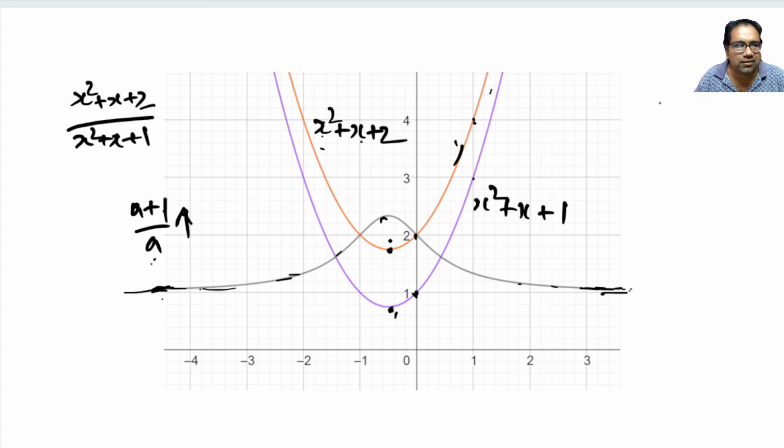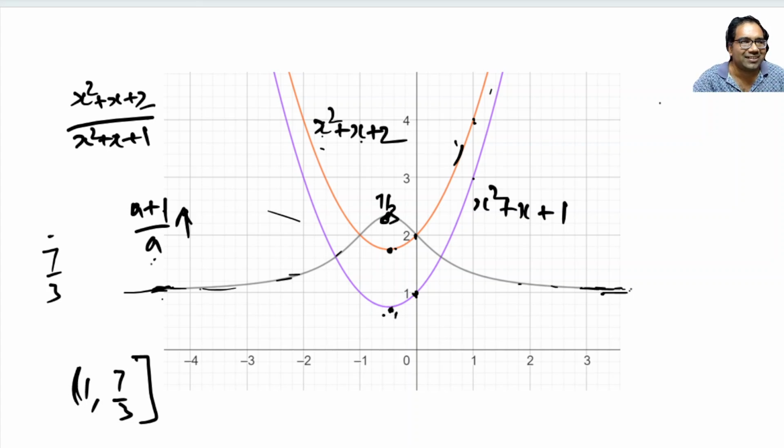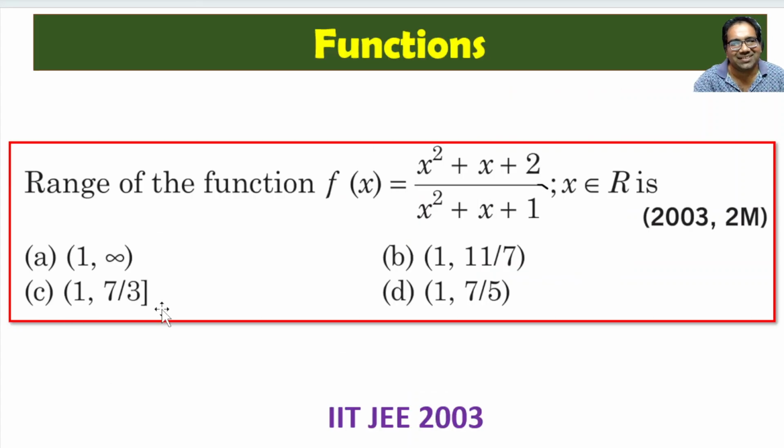And the value of the fraction will be highest when both the numerator and denominator are lowest, which is happening at their vertex, which is minus b by 2a, and the value of the fraction at this vertex is 7 by 3, which is what we have figured out. So the fraction is reaching the highest value of 7 by 3, and 1 is the lowest value. The highest value is inclusive, the lowest value is open bound. Right. So (1, 7 by 3] is the answer.